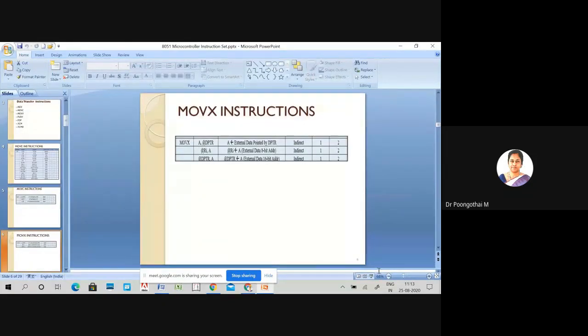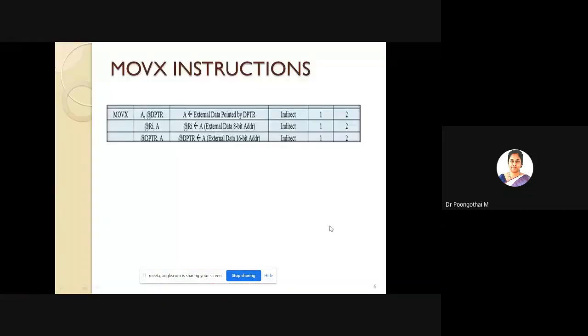So next, MOVX instruction. This instruction transfers data between accumulator and external RAM memory, not internal. Actually, this X represents external RAM memory. So this memory address can be either 8-bit or 16-bit. Suppose you are using a 16-bit address, in that case you have to use DPTR. Suppose you are using an 8-bit address, in that case you have to use R1 or R0 register.